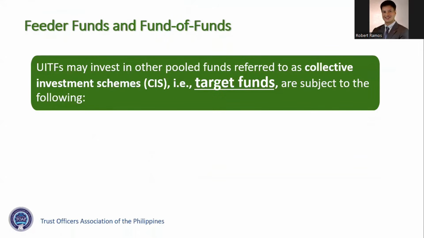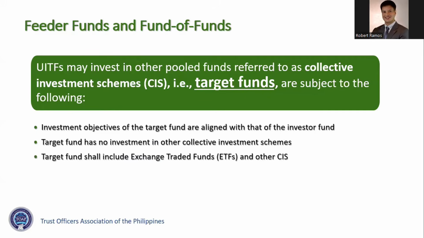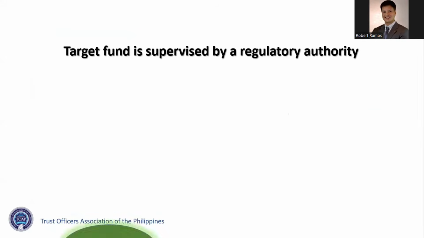UITFs may invest in other pooled funds referred to as collective investment schemes, or target funds, and are subject to the following. The objectives of the target fund are, of course, aligned with the investor fund. The target fund has no investment in other collective investment schemes, and the target fund shall include exchange-traded funds and other collective investment schemes. The target funds may be local, may be foreign, as long as the target fund is supervised by a regulatory authority.